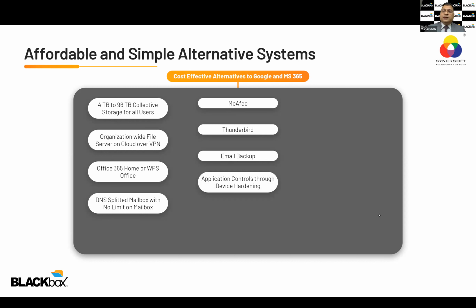There are alternative technologies of device hardening, which harden every computer system so that users' computer system environment in terms of application is controlled, users' pen drives and everything is controlled, users' internet access is controlled.